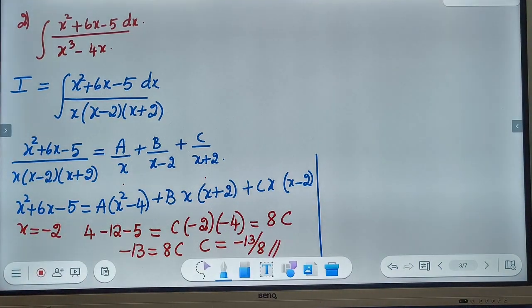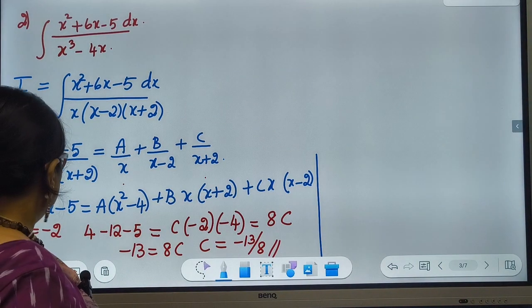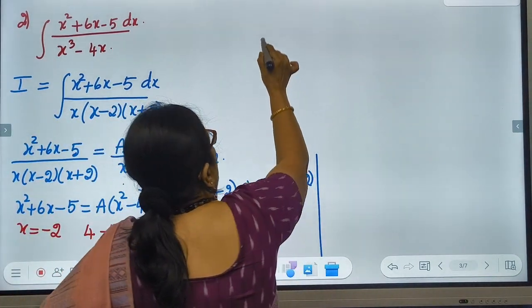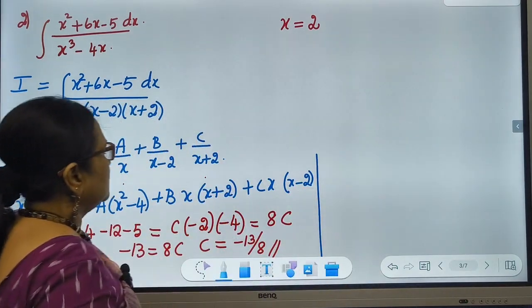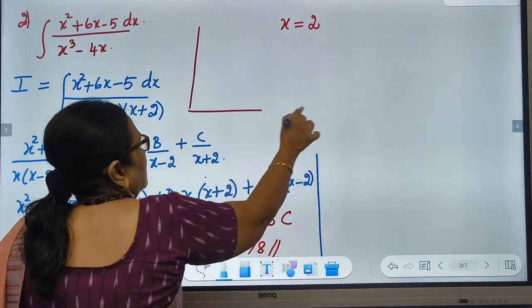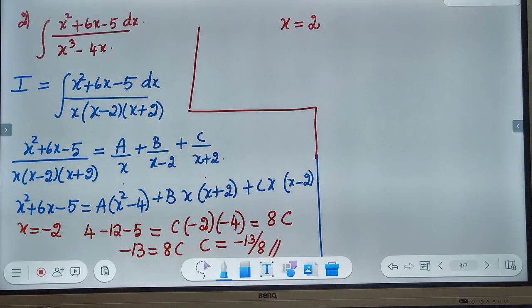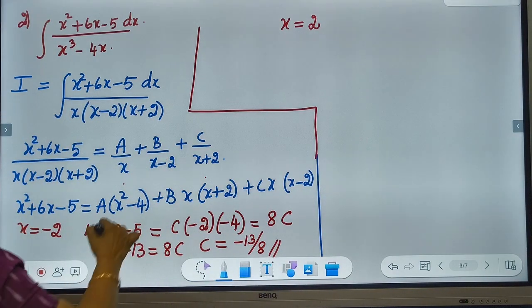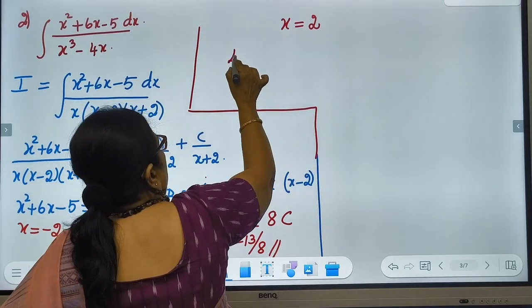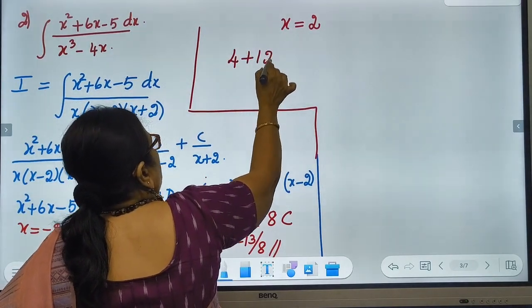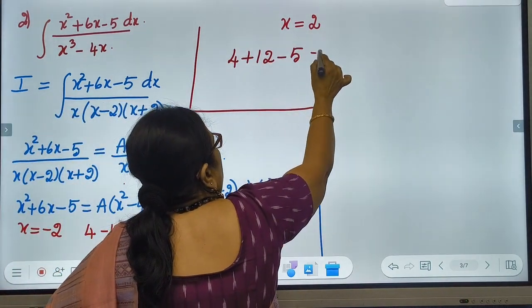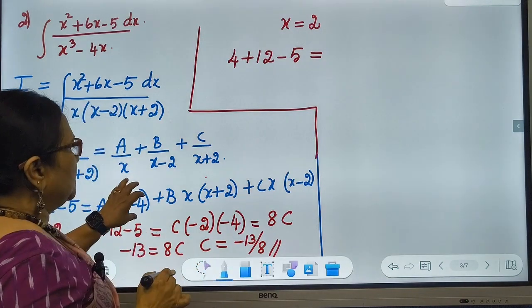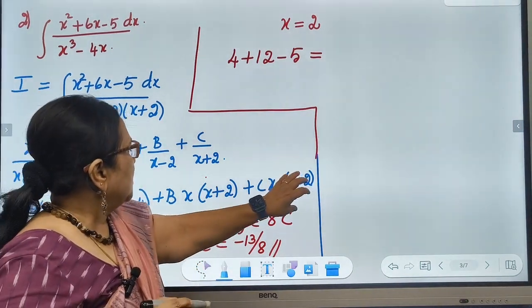We need also to find the values of a and b. I first took x equal to minus 2. Let me now take x equal to plus 2. When I put x equal to plus 2, what will happen? 2 square, 4 plus 12, 6 into 2, 12, minus 5. When I put x equal to 2, this becomes 0. The last term becomes 0.